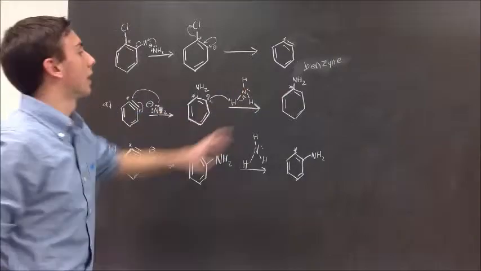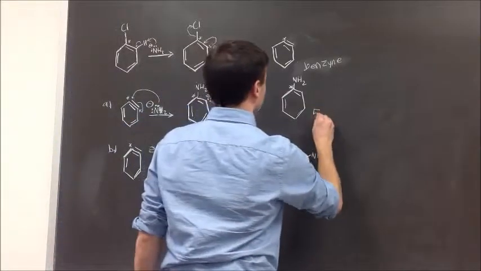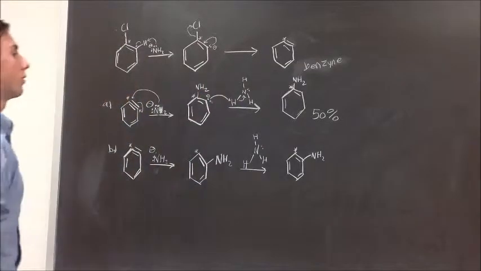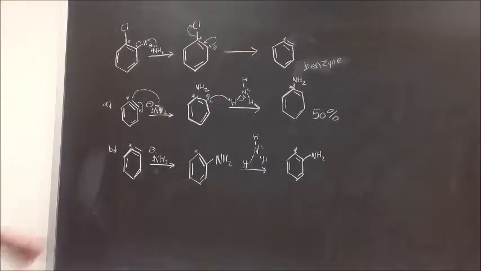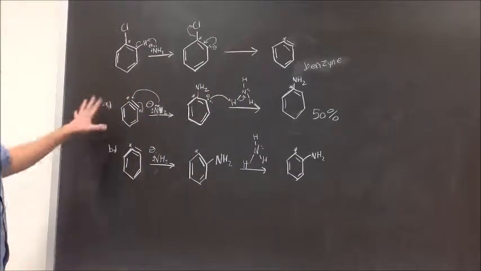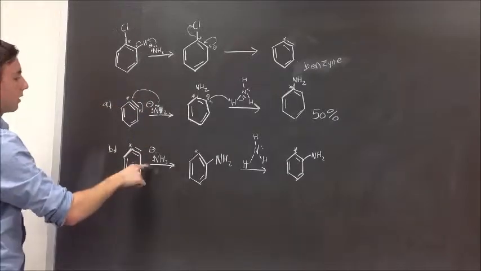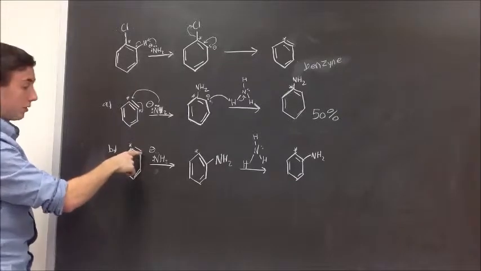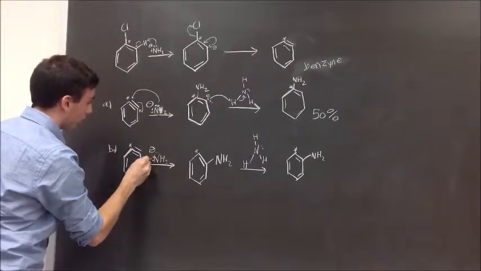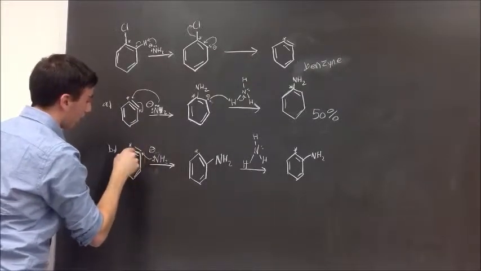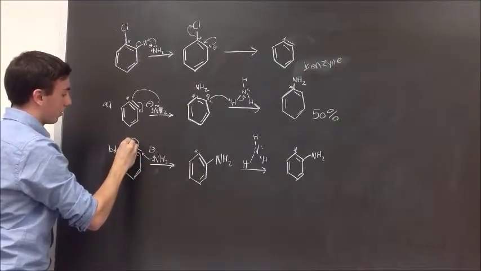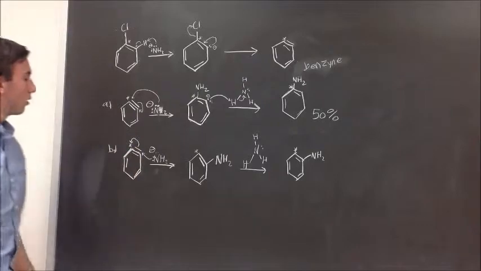So that's one thing, and like I said before, this is 50%. So it's 50-50 for both. The second way is to do a similar thing, except instead of attacking this position, you attack that position. So those will attack there, and the triple bond will move up there, like that.